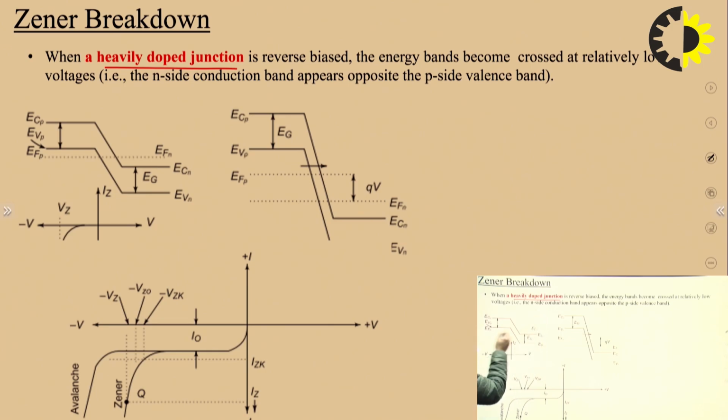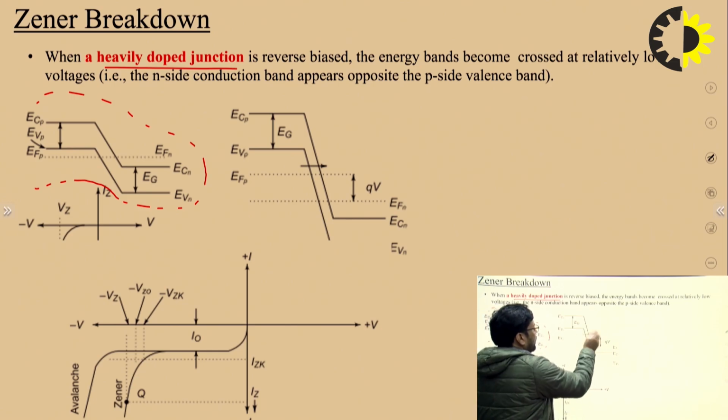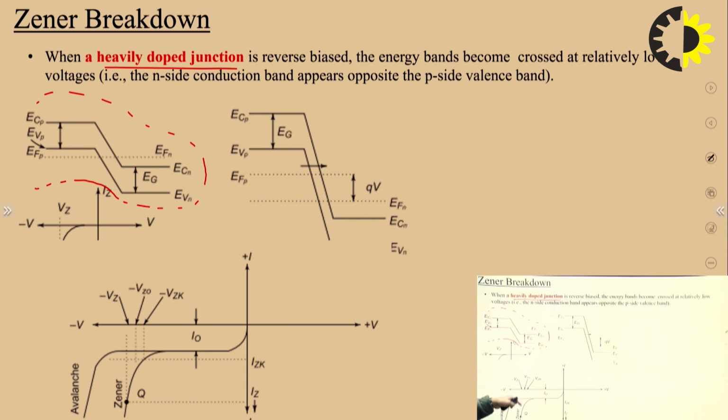So this is the energy band diagram of a heavily doped PN junction diode. Again we are talking about the tunneling phenomenon, and this is a characteristic of Zener breakdown.